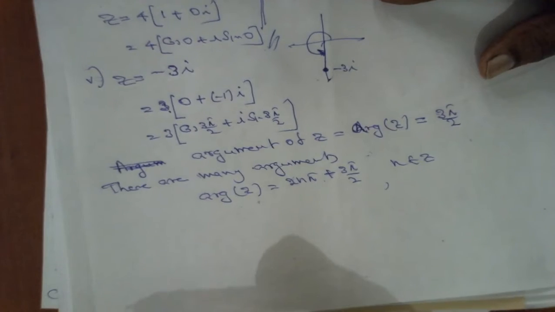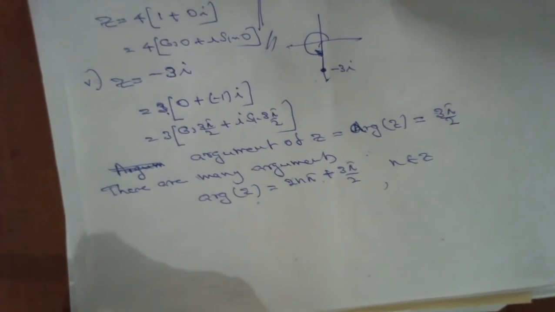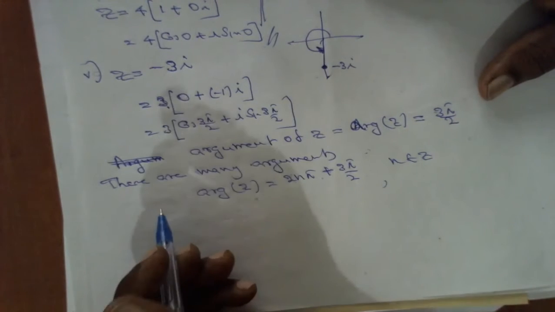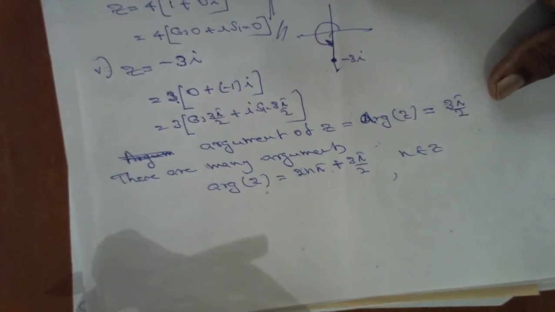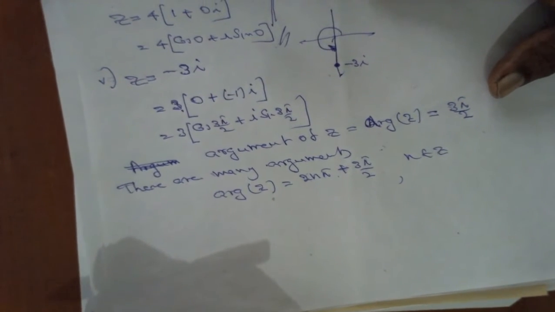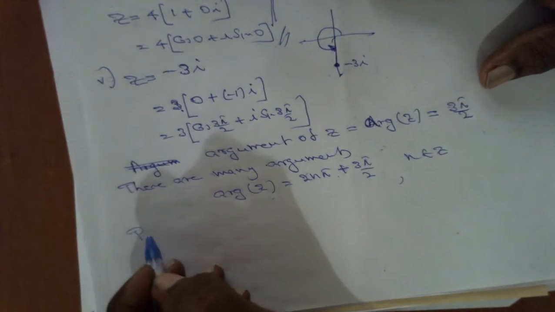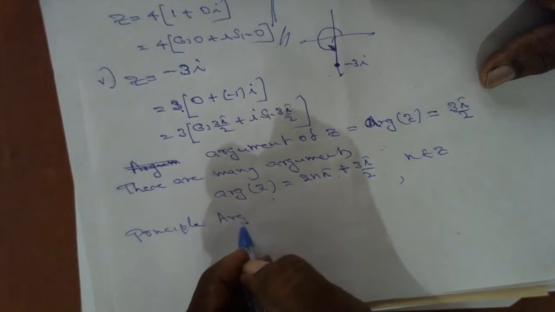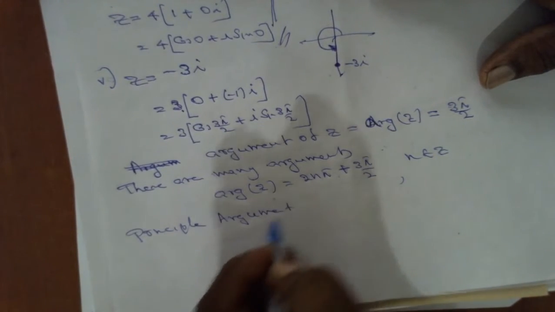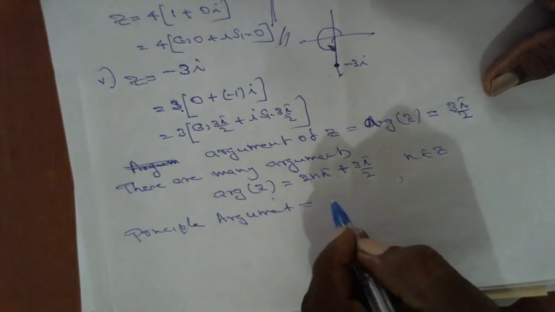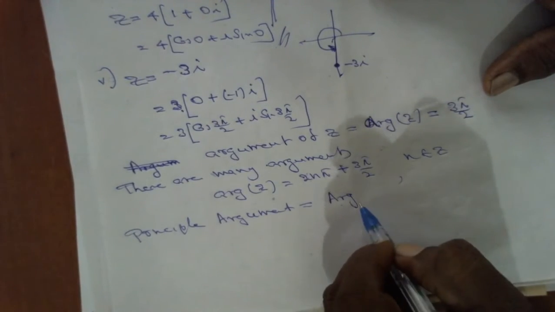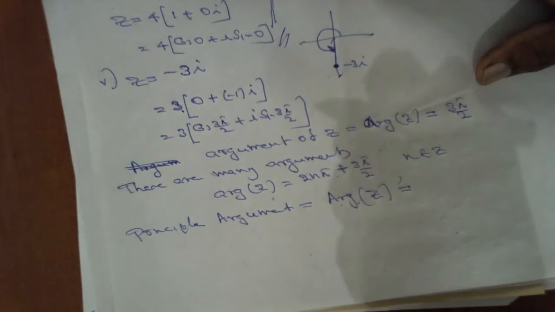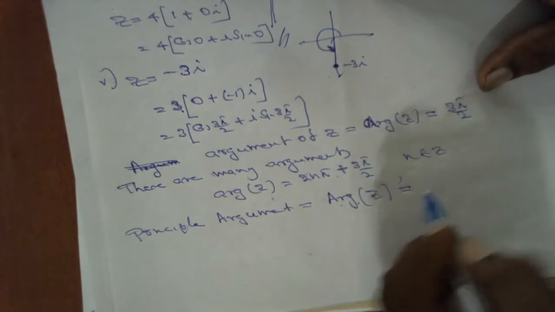Out of this infinite number of arguments, there is a principal argument. What is the principal argument? The principal argument is denoted by capital Arg. Capital Arg z is only one, it is unique, and here it is minus pi by 2.